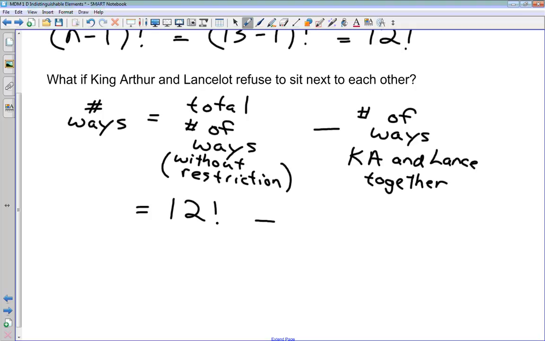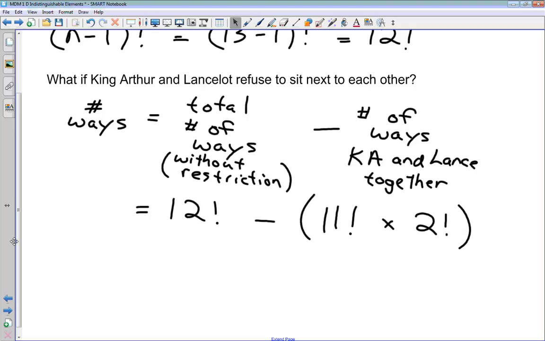So if they are one person, we now have 11 factorial ways that we can arrange all of these things, because we've taken two people and combined them into one. And then how many ways can we arrange Arthur and Lancelot inside their tiny little group? Well, there's only two of them, so 2 factorial.